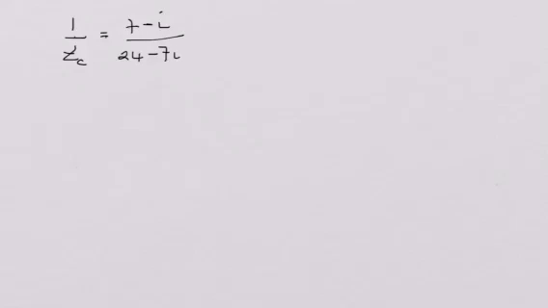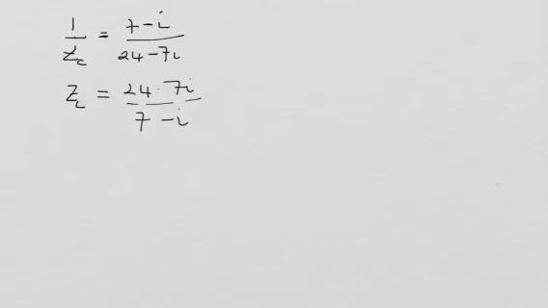Well, the easiest way of finding zc is to just reciprocate everything, and you can do that because you've only got one term on either side, so that becomes 24 minus 7i over 7 minus i. Sorry, I don't even mean 24, do I? I mean 7.